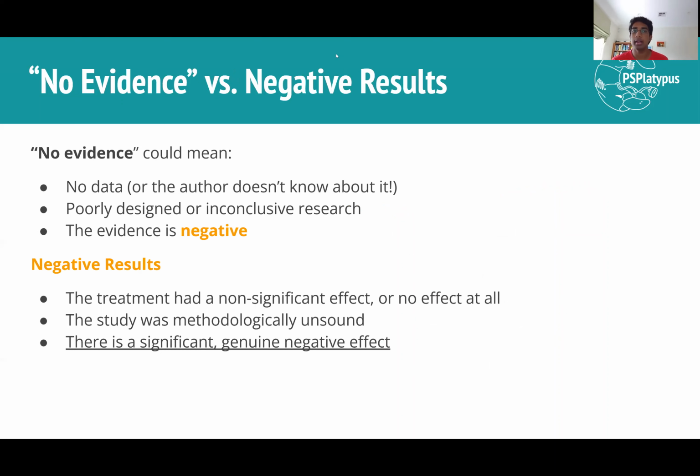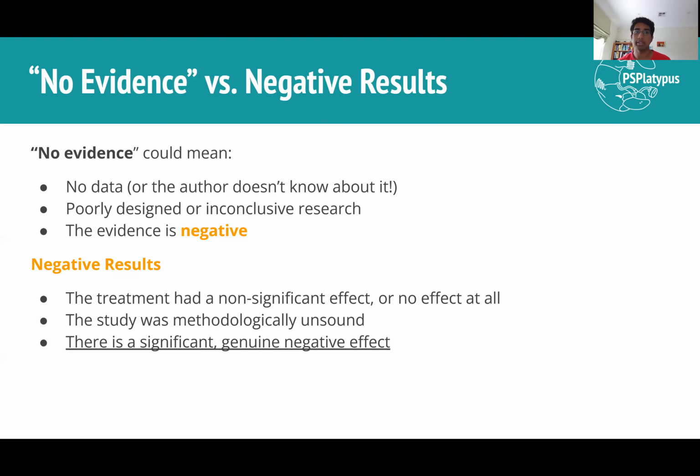And finally, we want to separate the idea of no evidence versus negative results. We've got a whole bunch of different ways in which the data could be no evidence or a negative result. But basically it boils down to no evidence means that we don't have good data, usually. It can also mean that it's negative.